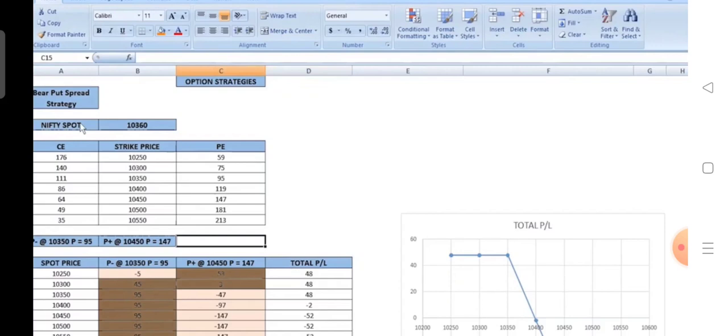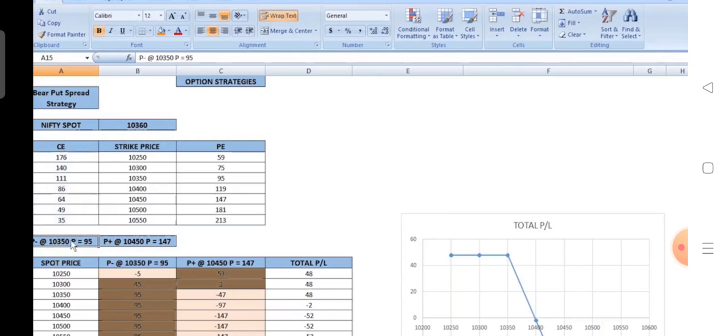In the example, Nifty spot is currently trading at 10,360. These are the different strike prices which are available, these are the put option premiums, and these are the call option premiums. So we would be doing a bear spread strategy using put options. We sell a put option at a lower strike price and buy a put option at a higher strike price.